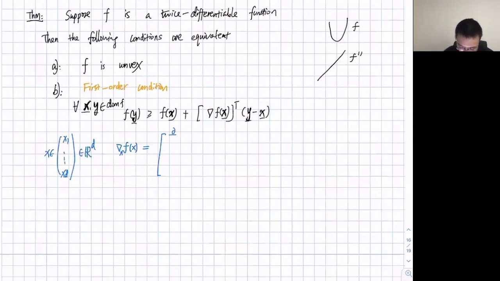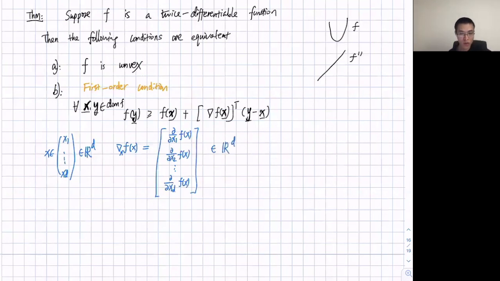It gives you the partial derivative with respect to x1 of f of x, with respect to x2 of f of x, and so forth up to xd. So the gradient is still a d-dimensional vector.